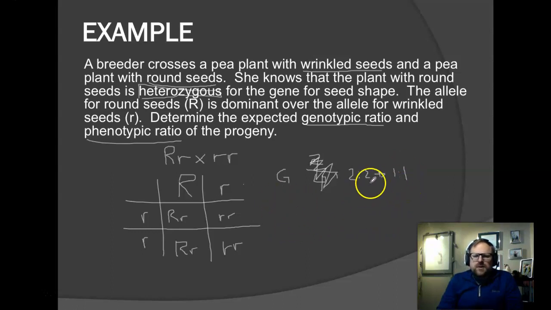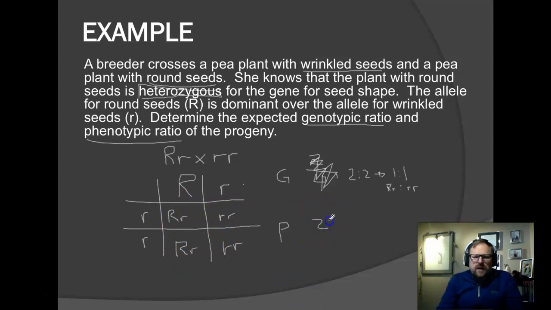That's our genotypic ratio, and I always like to add underneath, just so that we understand that this is the ratio that we've created: 1 big R, little r for every 1 little r, little r. And then what is our phenotypic ratio here? Well, this one's relatively similar. Remember, big R produces round individuals, and only little r present produces wrinkled individuals.